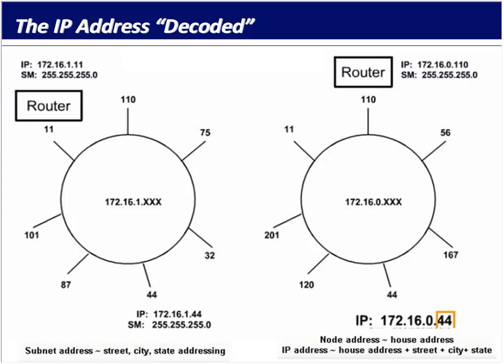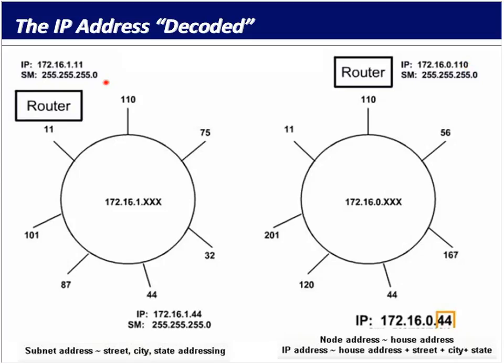All right? Now you notice that we have a similar address between this router and this router. It means we can kind of point these two routers to one another. Right? They're both 172.16, but they have a different street and, obviously, a different house address.